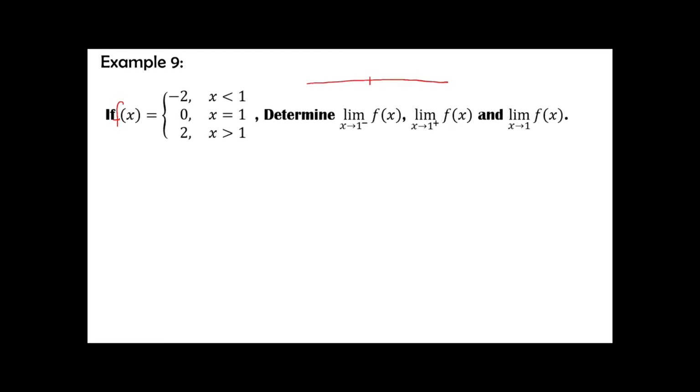As usual, first step, draw your number line. So we will have negative 2 when x is less than 1, 2 when x is greater than 1, and 0 when x is exactly at 1.